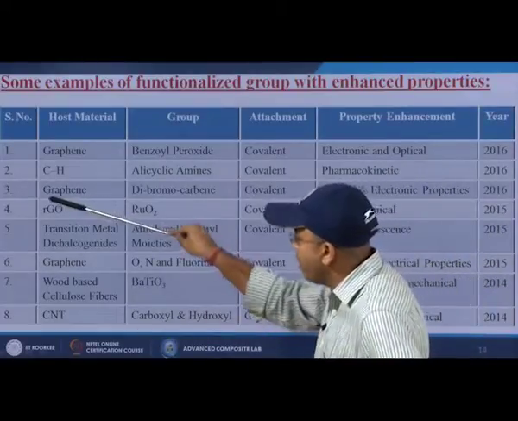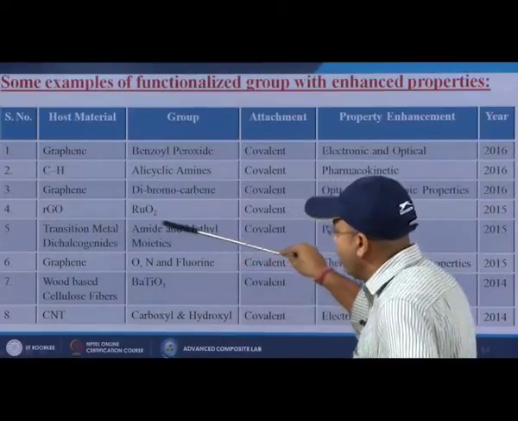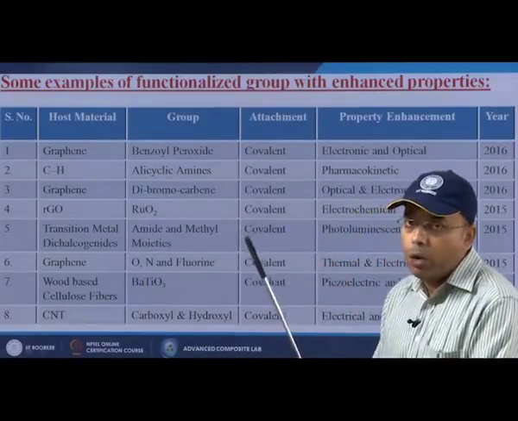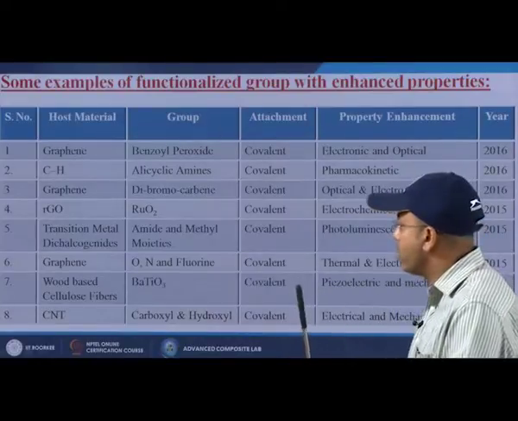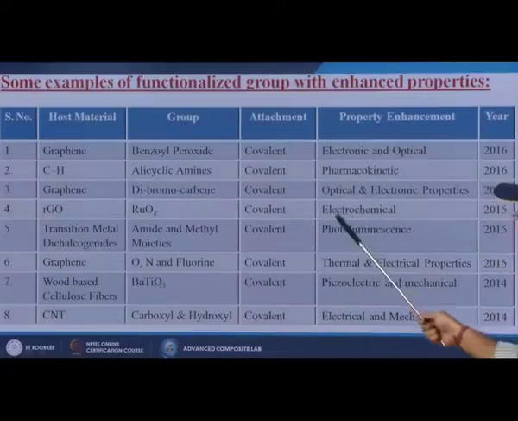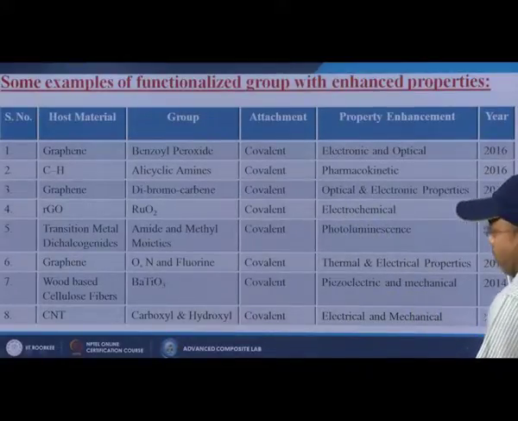We have done some modification of reduced graphene oxide by the ruthenium oxide group, because ruthenium oxide is the functional group which attaches to the reduced graphene oxide by covalent bonding, enhancing the electrochemical properties of that particular material. It was done in the year 2015.